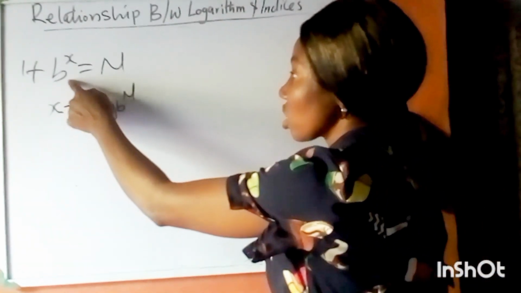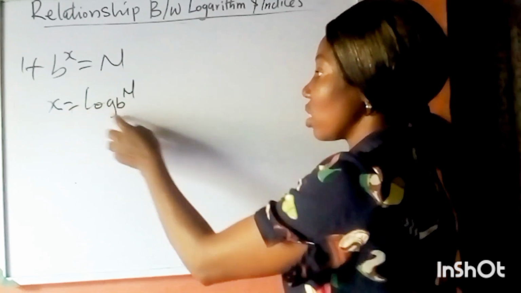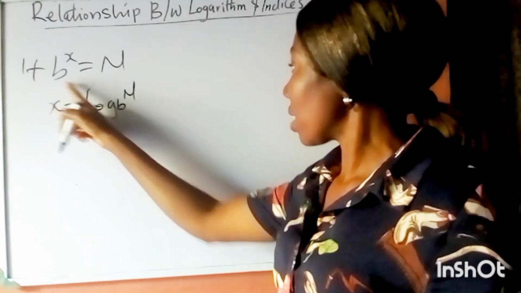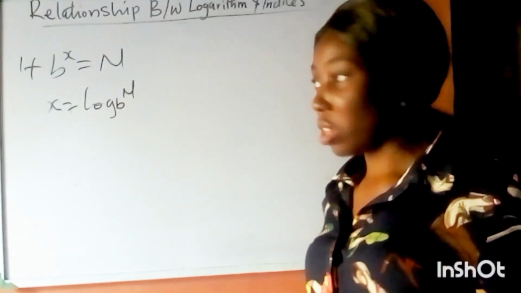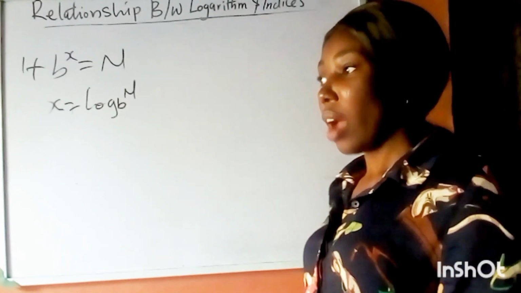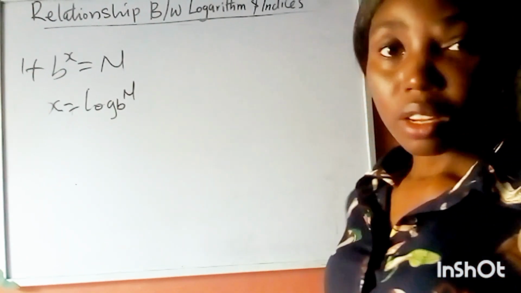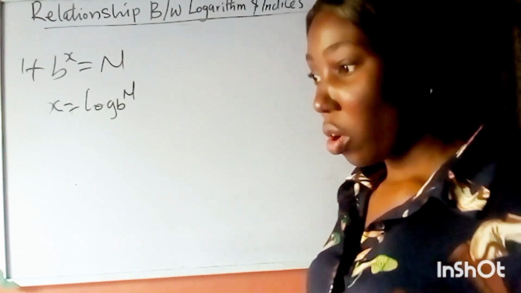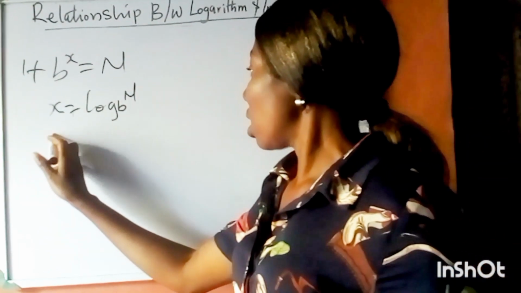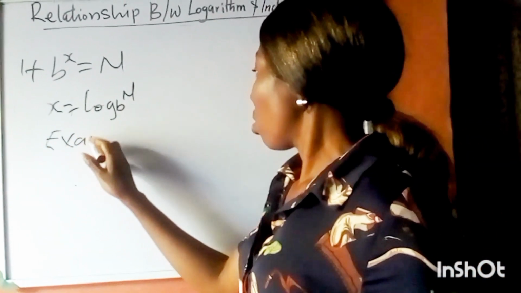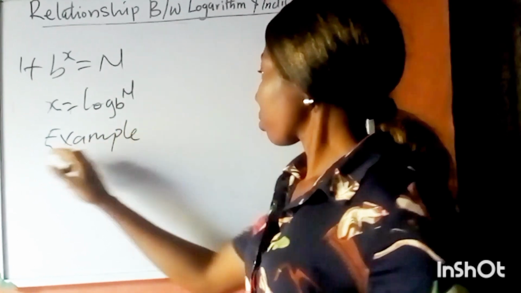So in writing this, which is indices, we have this as a log. Remember, they are still sharing the same base. So in log and indices, they share the same base. Let's continue. Let's look at some examples on how to apply this.